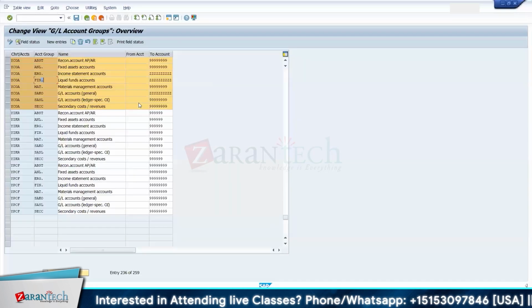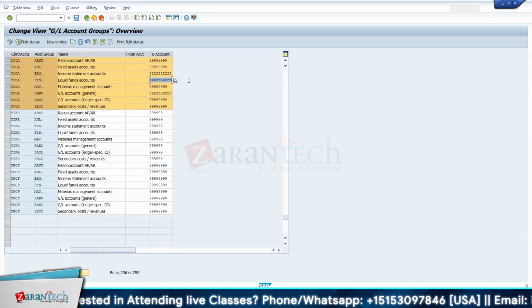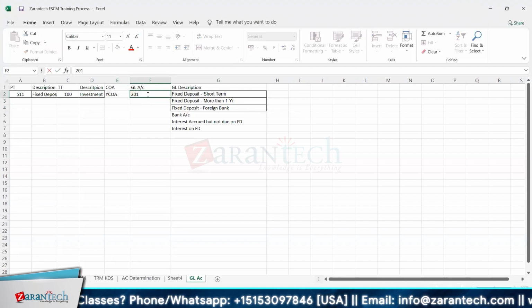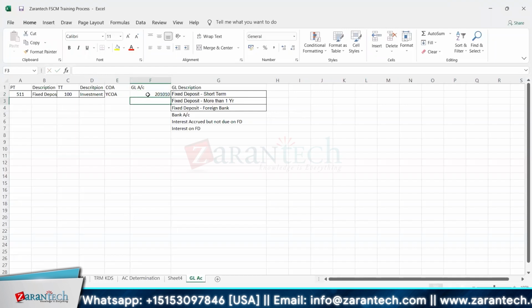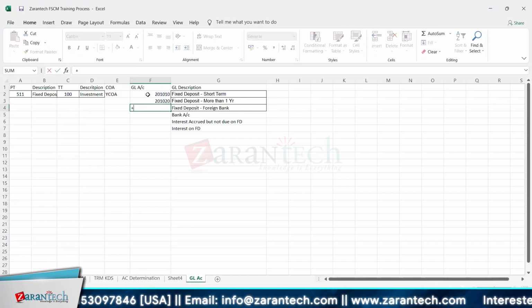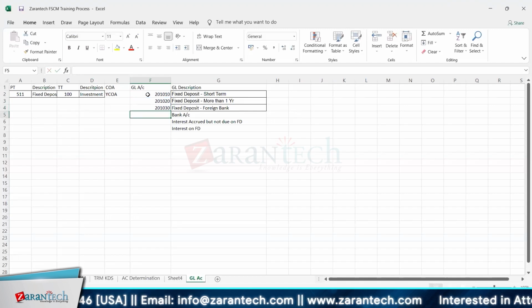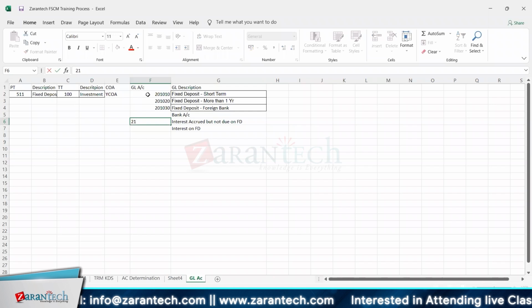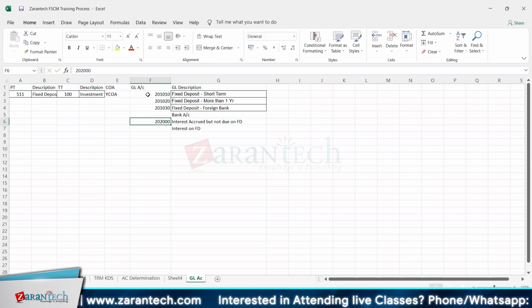And here I can take any number. So let's just say I will use 201, 6 digit. Let's use this, and 10, bank account. I will take the existing one, and this one I'm just taking a random number. So don't worry about this. You can take any number.